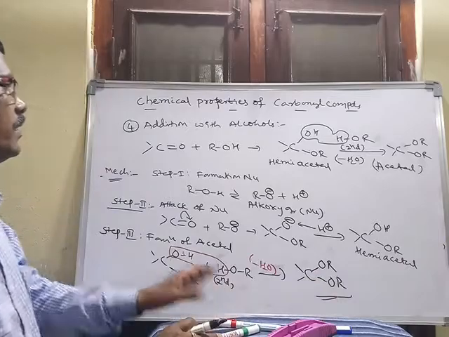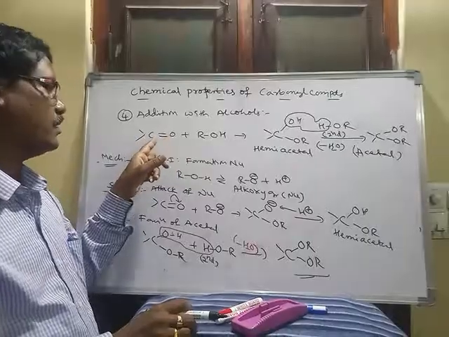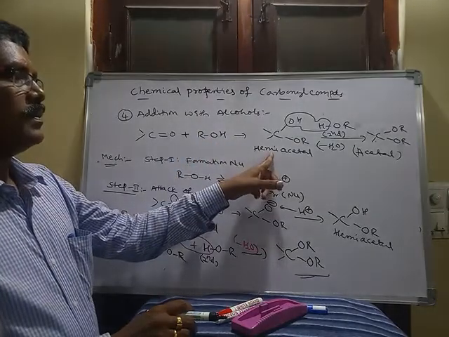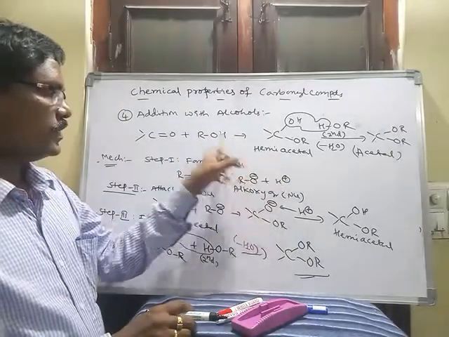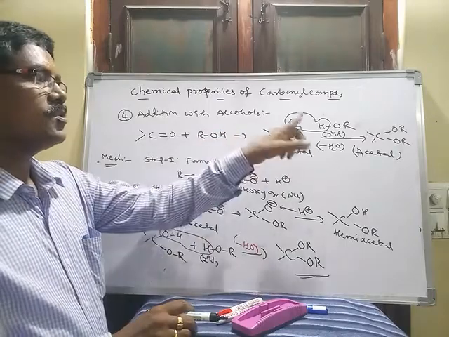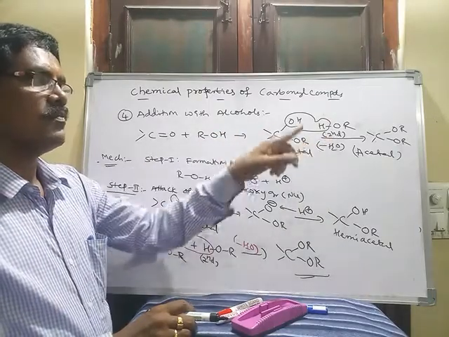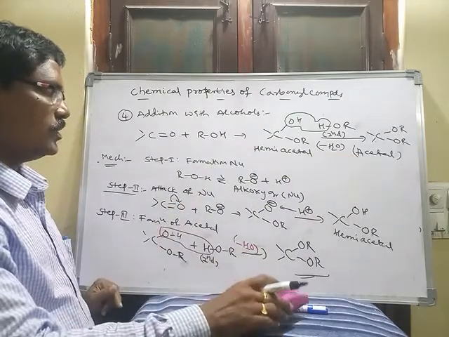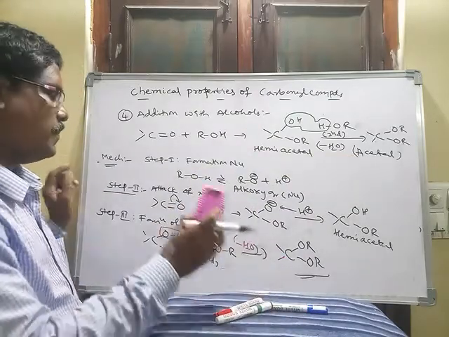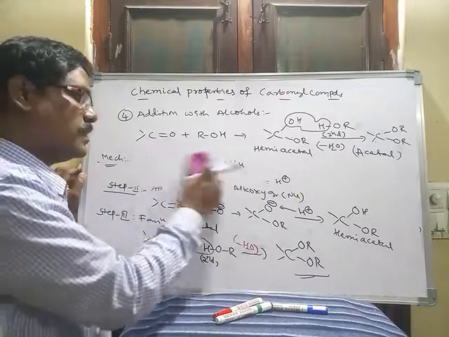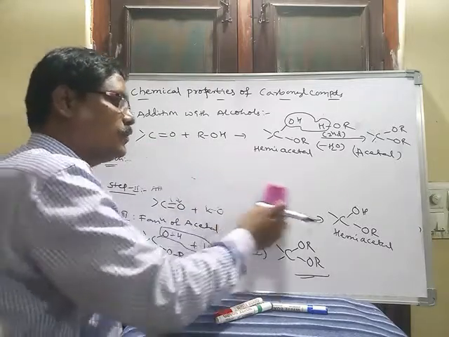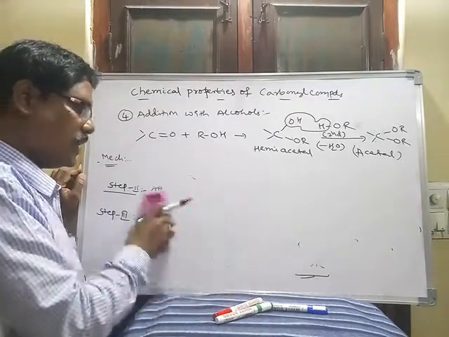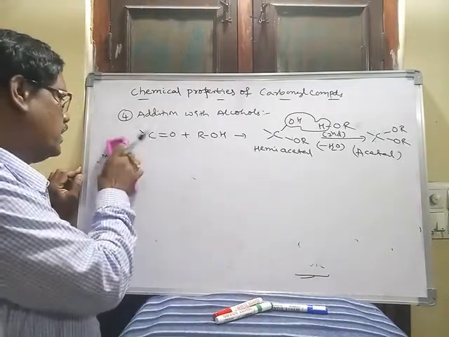This one is addition with alcohol: the carbonyl compound reacts with alcohol. The hemiacetal is formed first with the first molecule. This hemiacetal reacts with a second molecule of alcohol to form an acetal. So this is about the addition with alcohol. This reaction is also useful in blocking or masking.